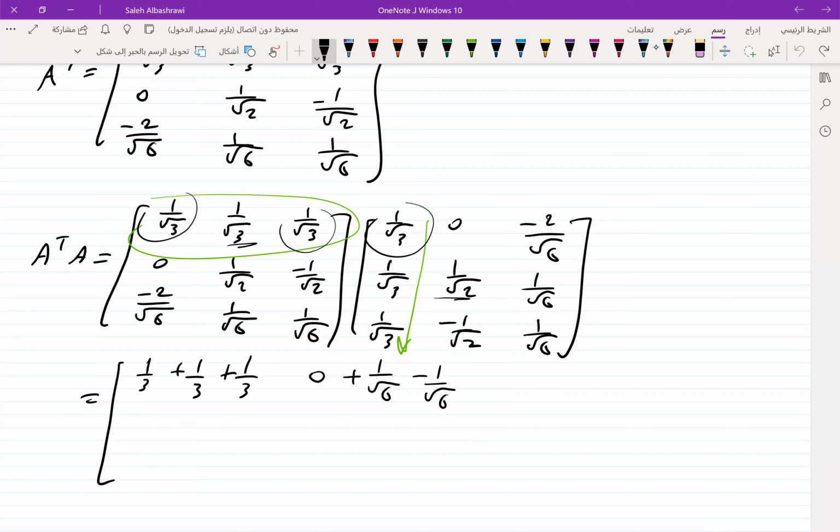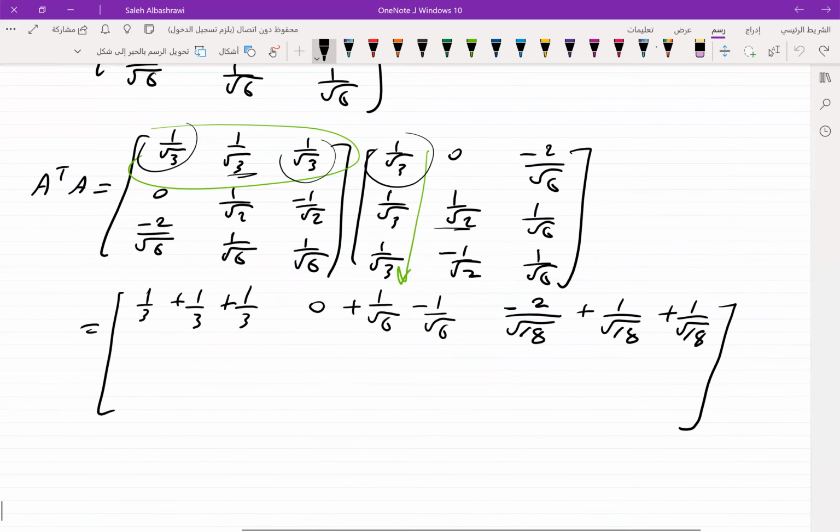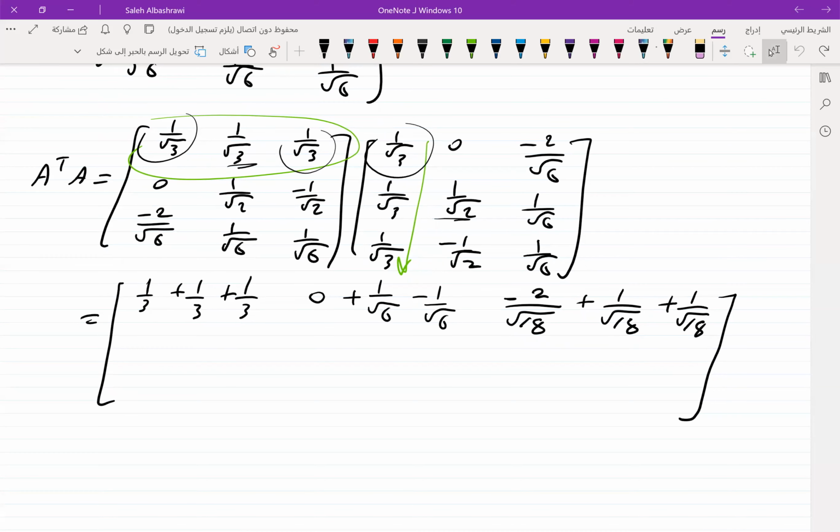Go for the third column. I will have minus 2 over square root of 18 plus 1 over square root of 18 plus 1 over square root of 18. Now let's do it for the second row. This one. We'll have 0 plus 1 over 2 plus 1 over 2.